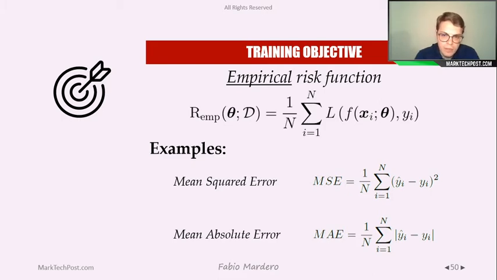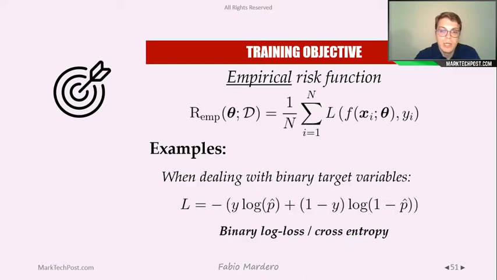Usually these two metrics are used with a continuous target variable, and the mean square error is often used. When dealing with a binary target variable instead, we have the binary log loss or cross entropy.